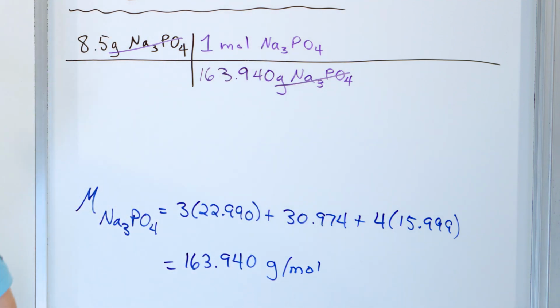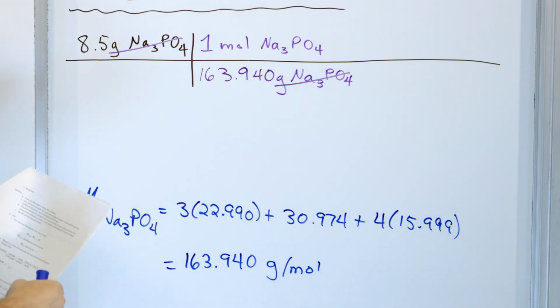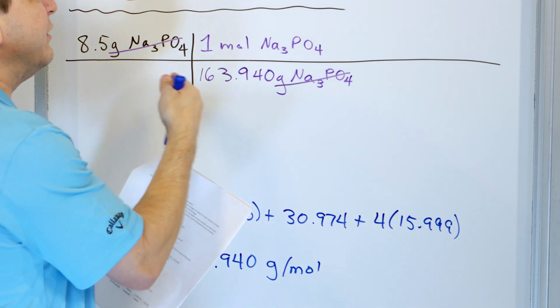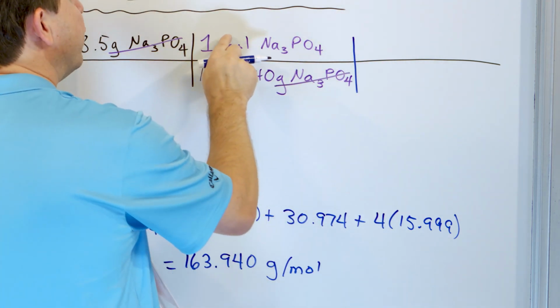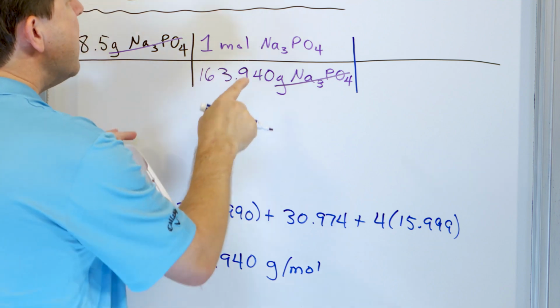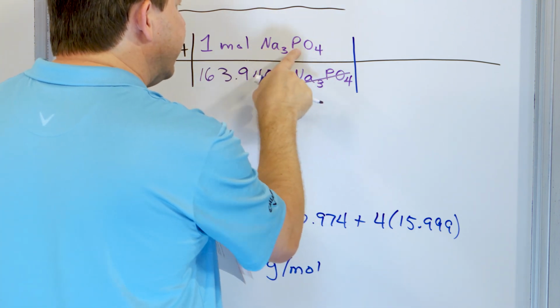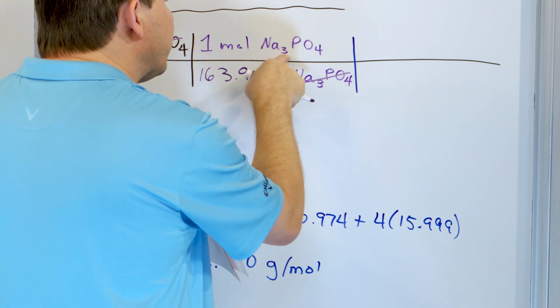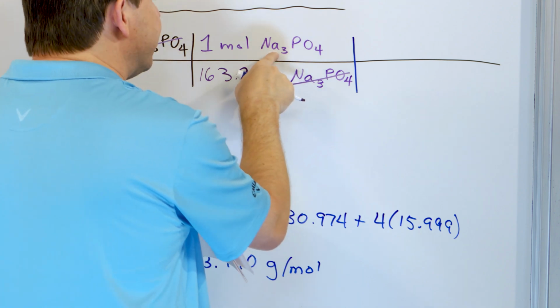Now if we stop the calculation right here, then we land on the number of moles of this. But we can't stop there. We want to get to how much sodium we have. So how do we do that? Because if we stop, then we know the number of moles of this whole thing. But we also know that in 1 mole of this compound, there's actually 3 moles of sodium, because in one of these formula units, there's 3 atoms of sodium.